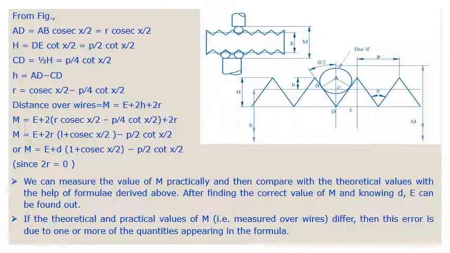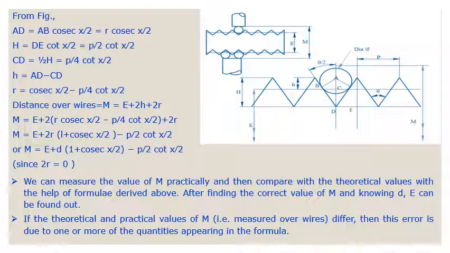Coming to the expressions, here also it is much different compared to the two wire method. Small changes are there when we compare the two wire method expression with the three wire method expression. From the figure we can analyze that AD is equal to AB cosecant of x by 2, which we had determined even in the two wire method, the same expression.